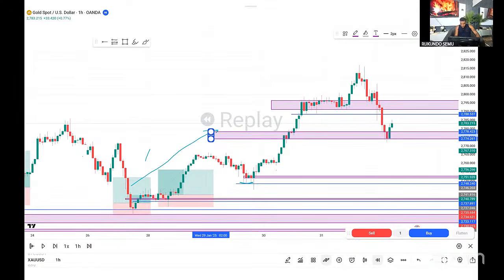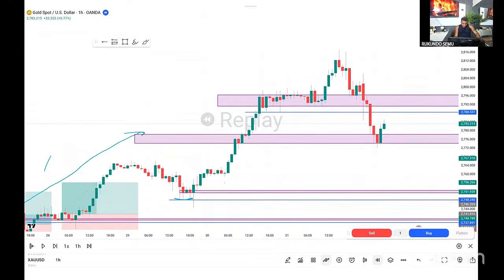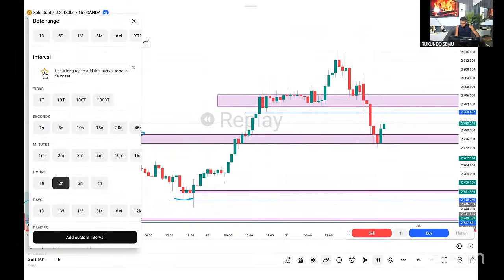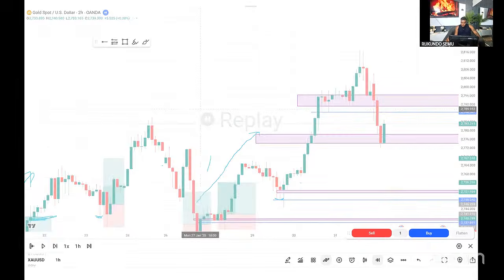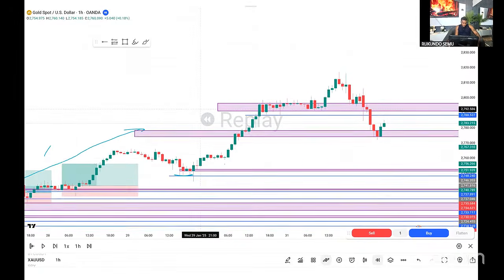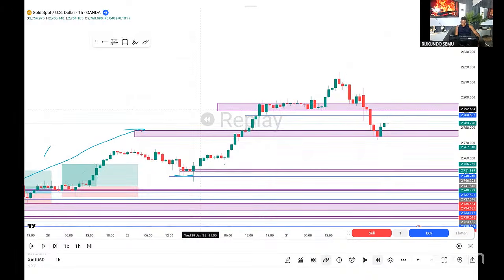Sweeping liquidity here, if we go into H and we find them small, we can take it. No, the H did not give us a trade, so we leave that one. Let's go back to 1H. They didn't give us a trade there.